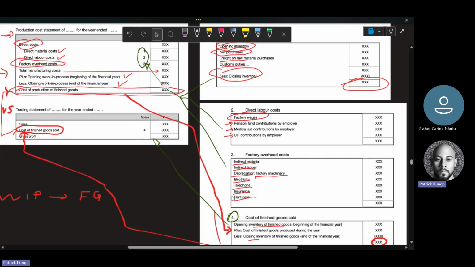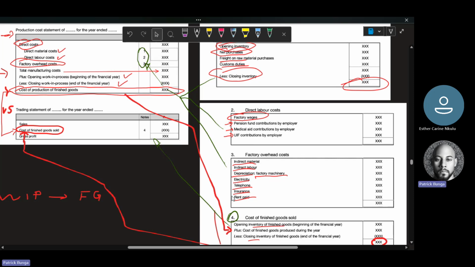Cost of production, we're looking at our production. Just because we produce 10 chairs doesn't mean we're going to sell 10 chairs. Maybe we might sell half of them. So the cost of producing 10 chairs is not the same as the cost of selling 5 chairs. Do you see a little bit the difference?